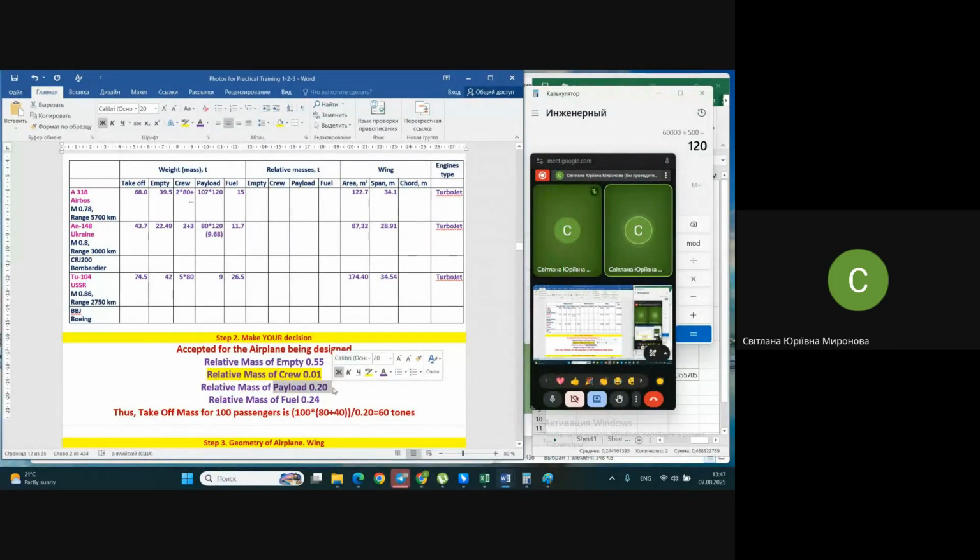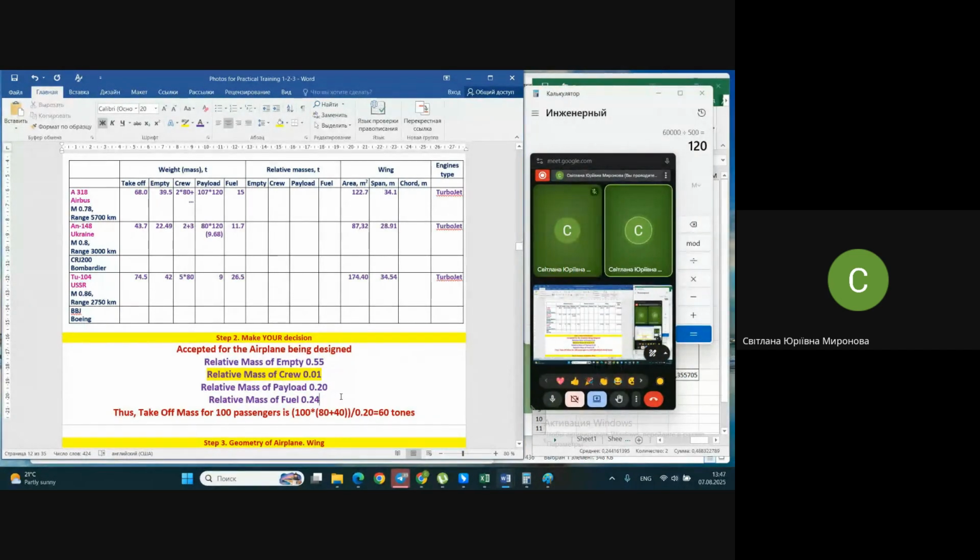So we have narrowed our design game, let's say, to passenger and cargo airplanes, which are rather similar. Now, after we have distributed the weight between systems of the airplane and knowing the absolute value of payload, in the zero iteration, we understand that our airplane equals, in our example, 60 tons.